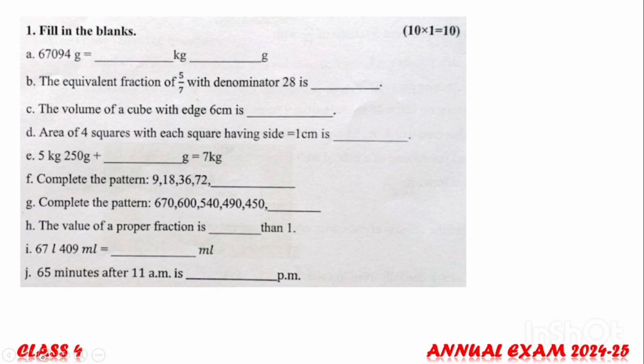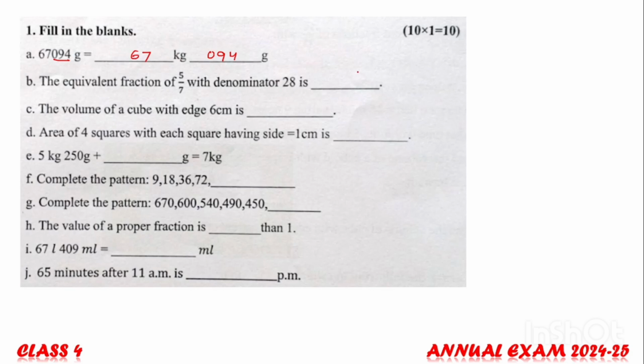Now in this question, first, from the right side we underline 3 digits. These 3 digits we write in the gram place, that is 094, and the remaining we write in kg, that is 67 kg, meaning 67 kg 94 gram.